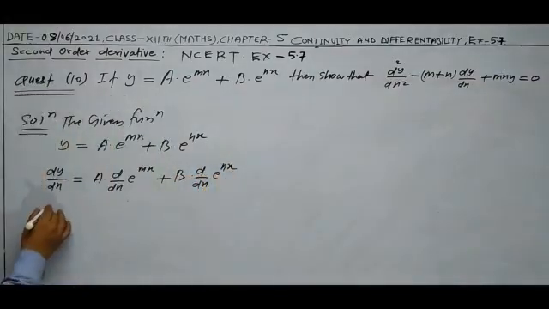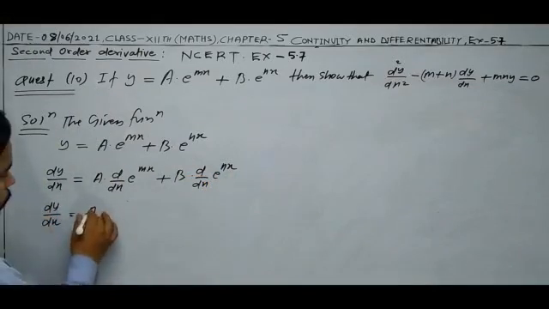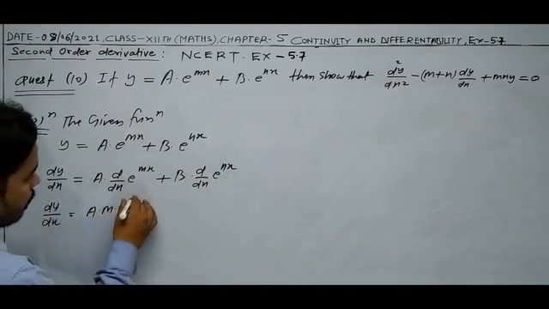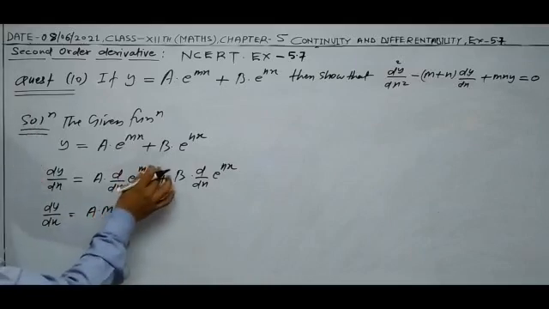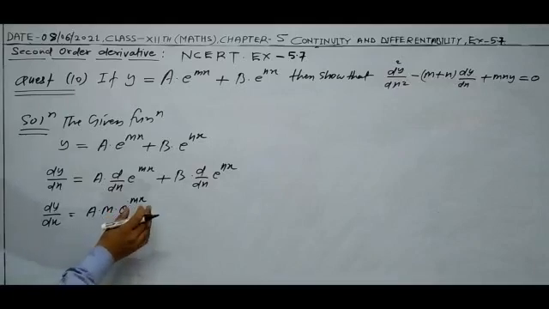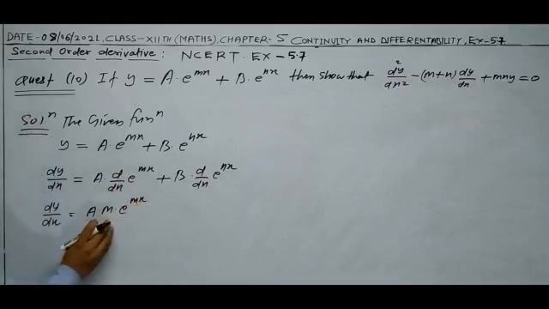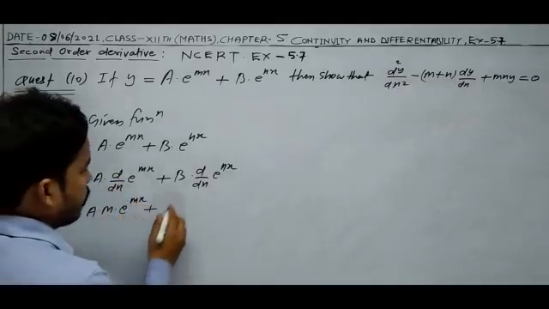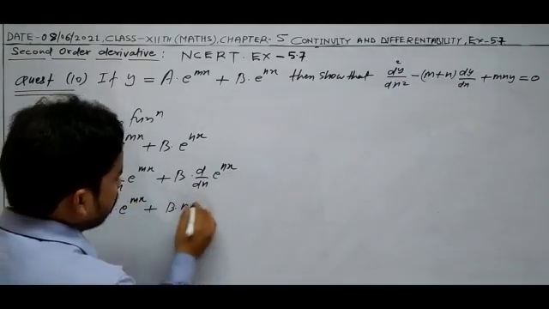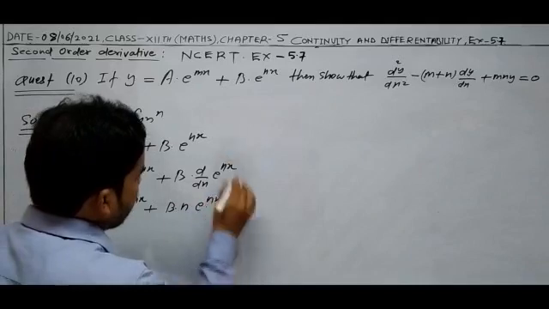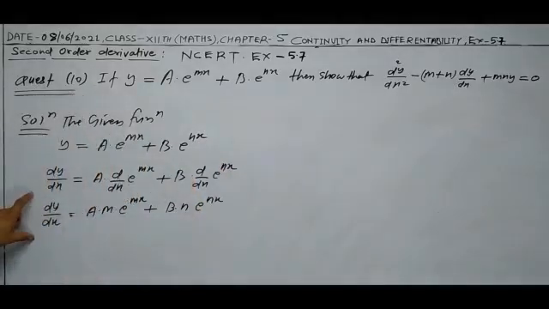Its result will be dy by dx is equal to a times m into e to the power mx, because e to the power x differentiation is e to the power x, and mx differentiation is m. Similarly, b times n e to the power nx. This is the value of dy by dx.